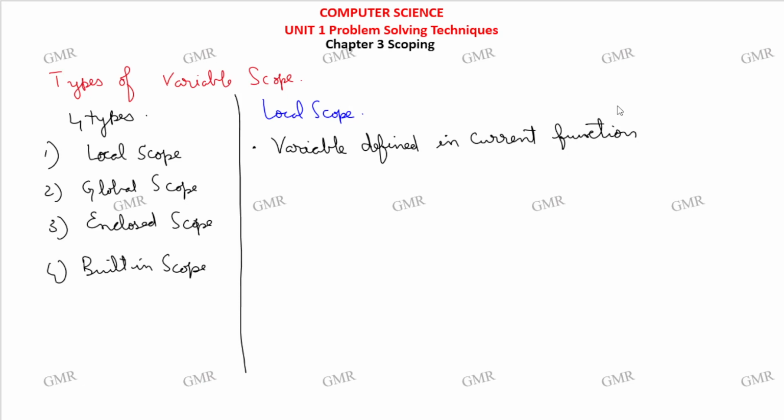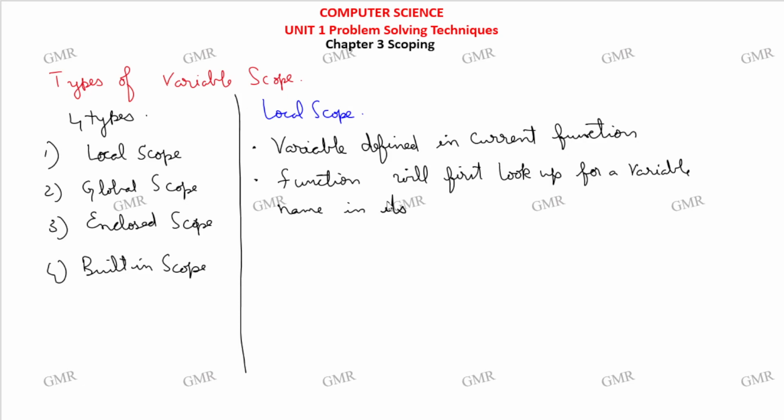Always a function will first look up for a variable name in its local scope.